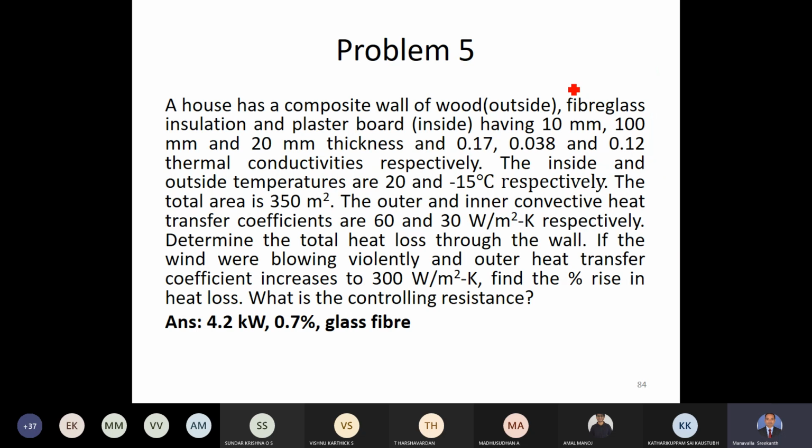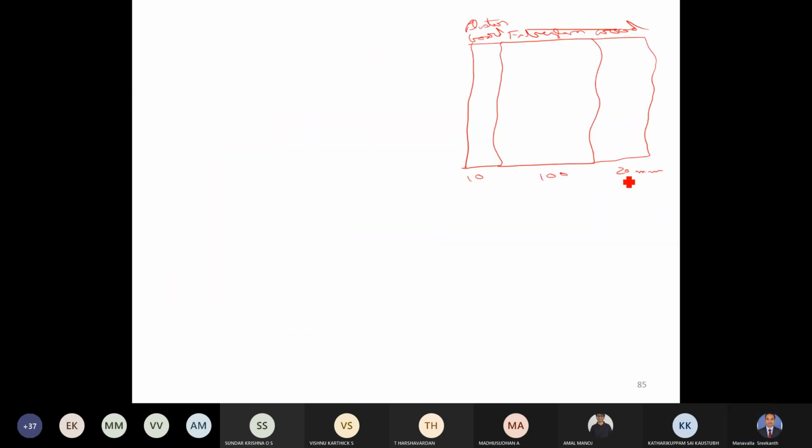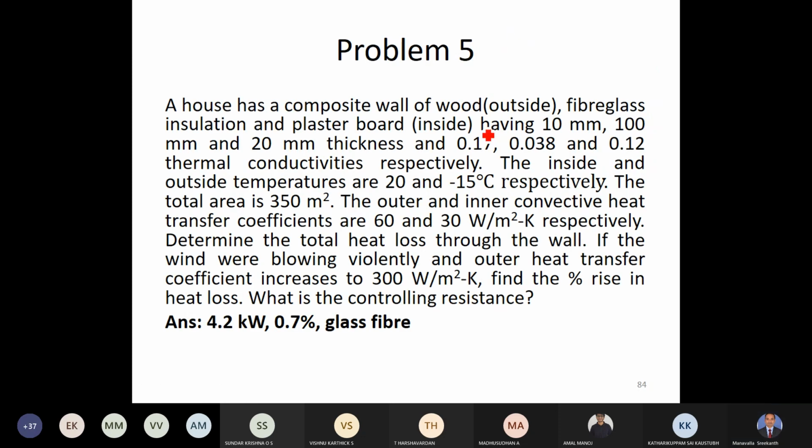So wood is 10 millimeters, fiberglass 100, and plaster board 20.